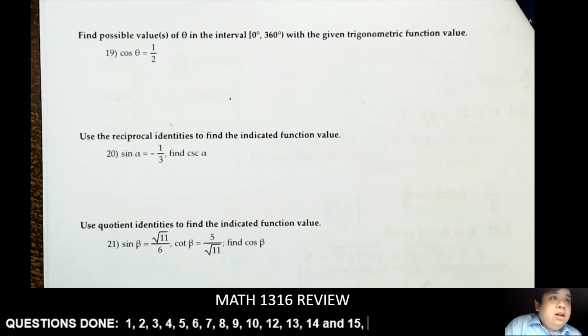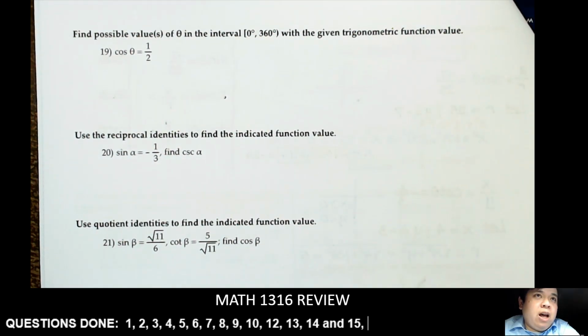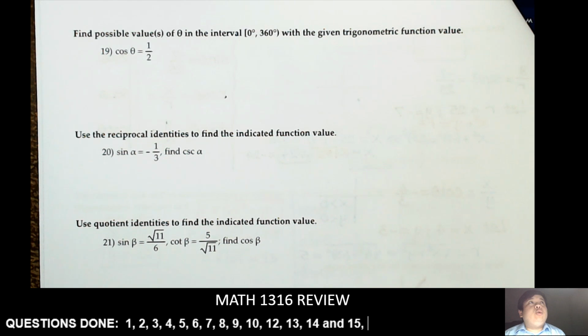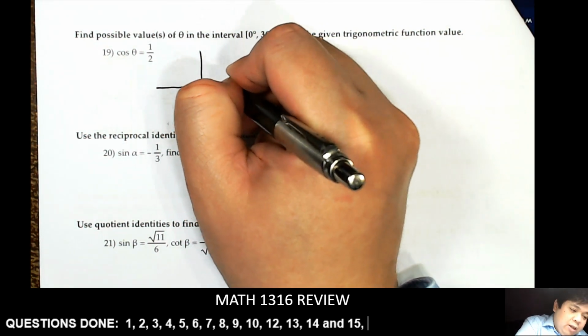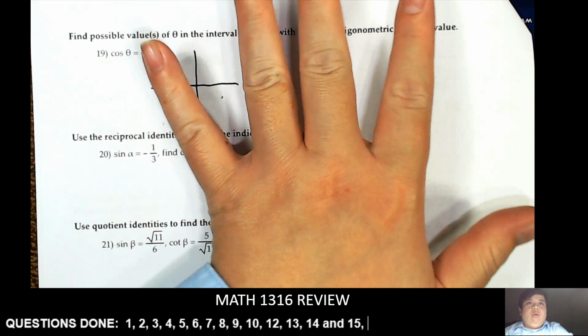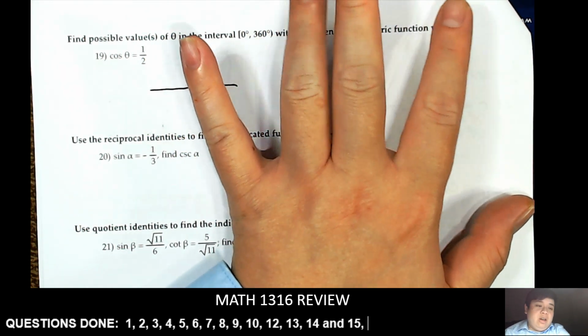Next, find the possible values of theta so that cosine is equal to 1/2. So we know cosine is equal to 1/2. Cosine is x over r. Or if we use the hand trick, cosine, remember, is the finger on the left.